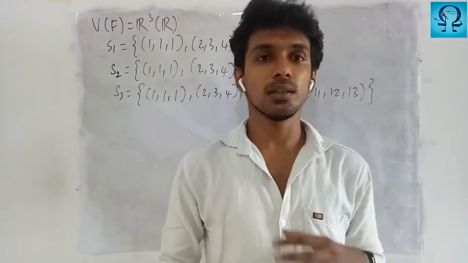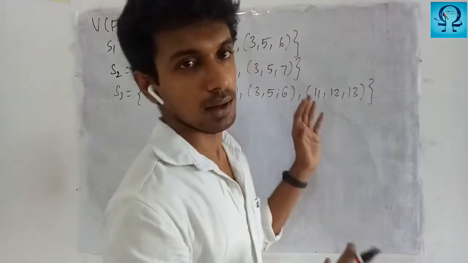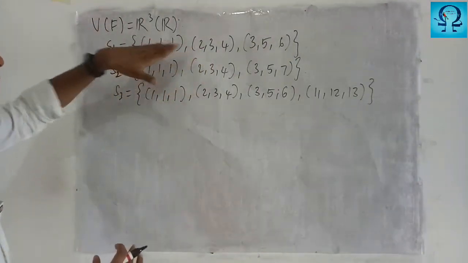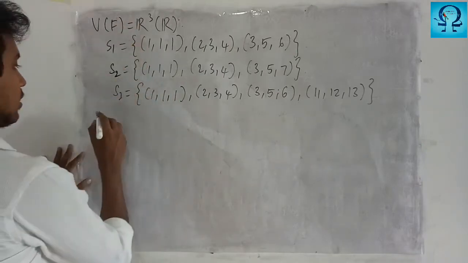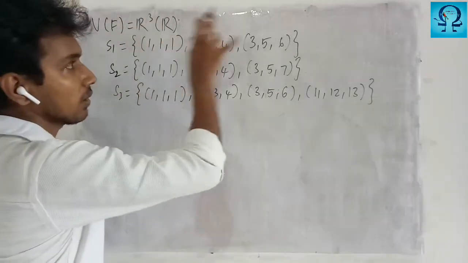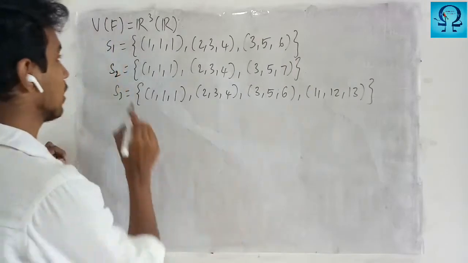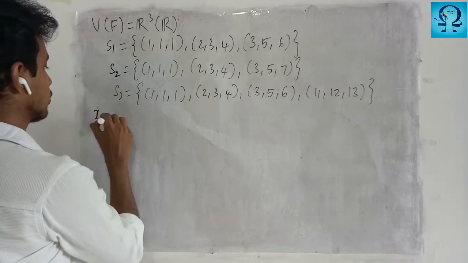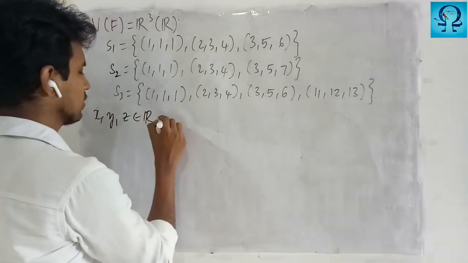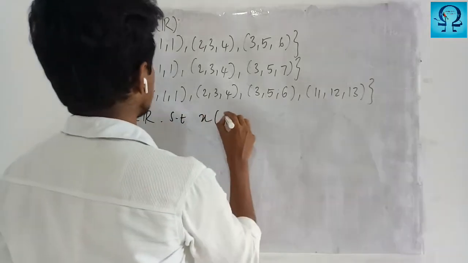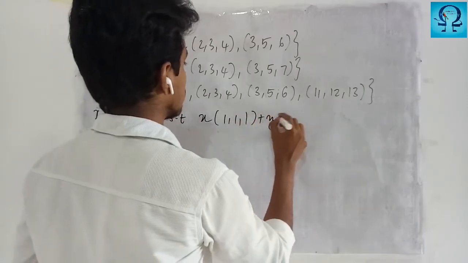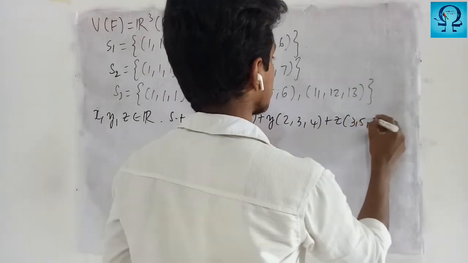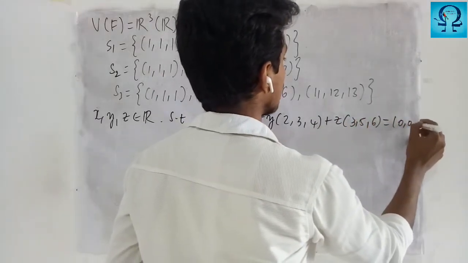Now, to illustrate the theorem that we have seen, let us consider these examples in R3 of R. Here the first set of vectors is this. Let me check whether this is a linearly independent set or not. For which, let me choose the scalars to be x, y, z in R, such that x times of (1, 1, 1) plus y times of (2, 3, 4) plus z times of (3, 5, 6) is equated to (0, 0, 0).